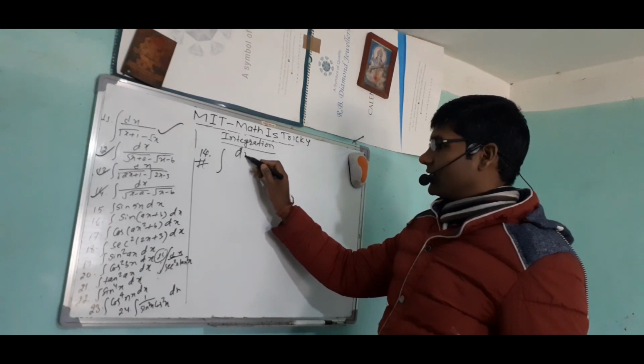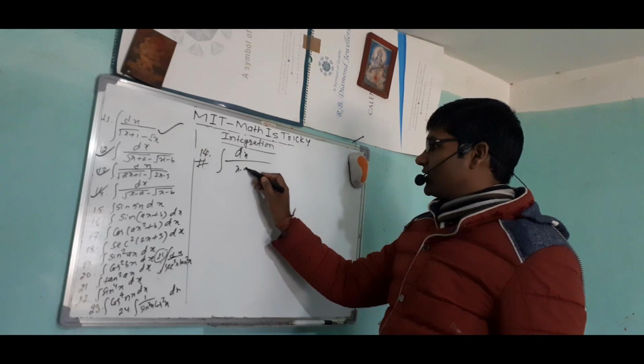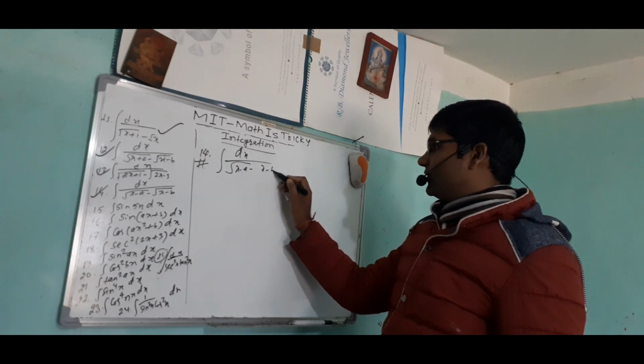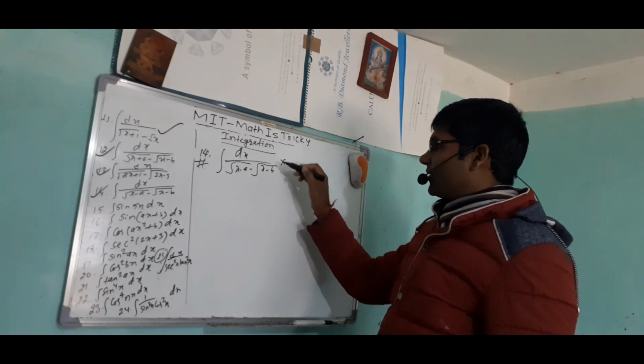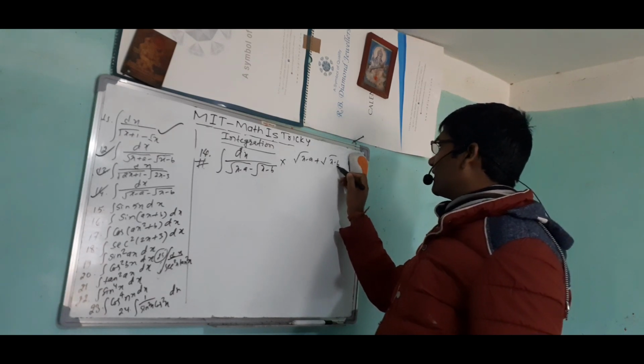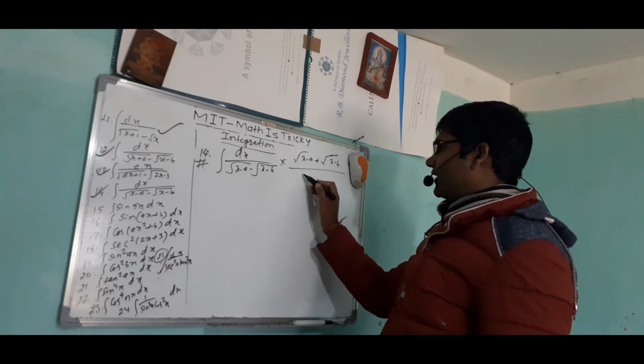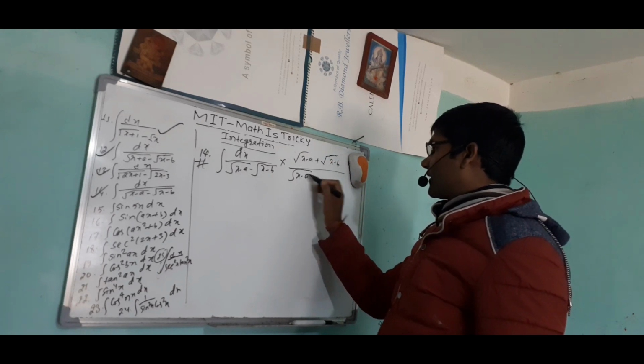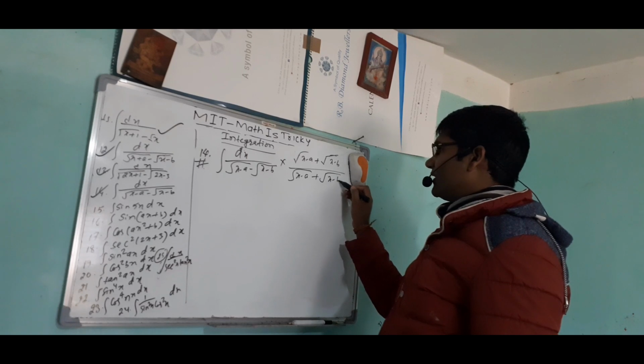So dx by square root of x minus a minus square root of x minus b. By rationalization, multiply up and down by square root of x minus a plus square root of x minus b.